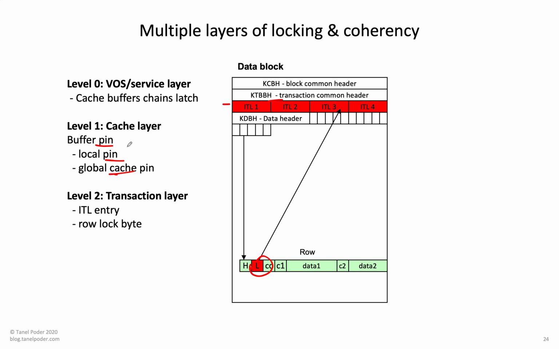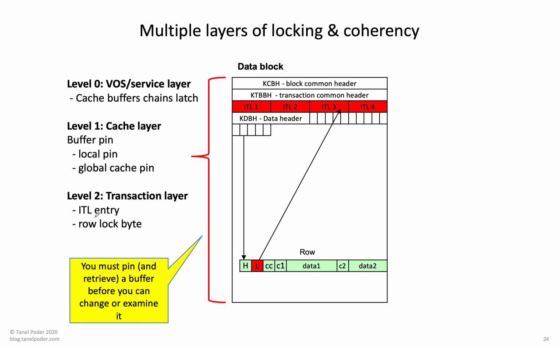And there is even one layer lower: whenever you want to pin the buffer, you want to modify anything in the buffer header, where the metadata is kept in memory, you need the cache buffers chains latch for that, right? So there are actually multiple levels of activities, right?